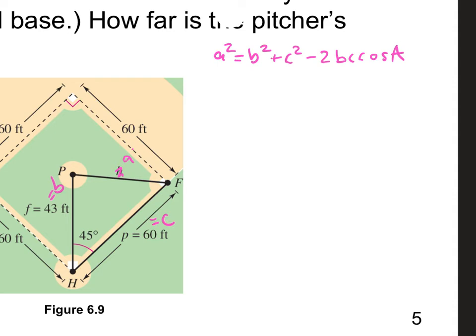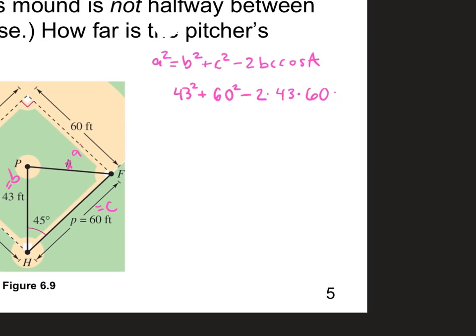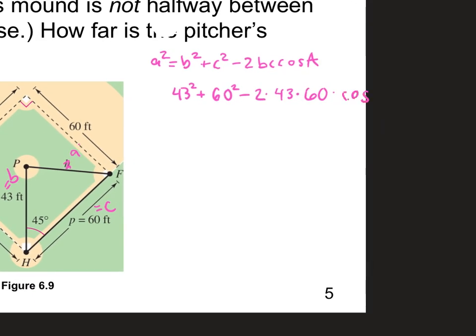So let's plug them in. 43 squared plus 60 squared minus 2 times 43 times 60 times cosine of 45. So this is equal to a squared.